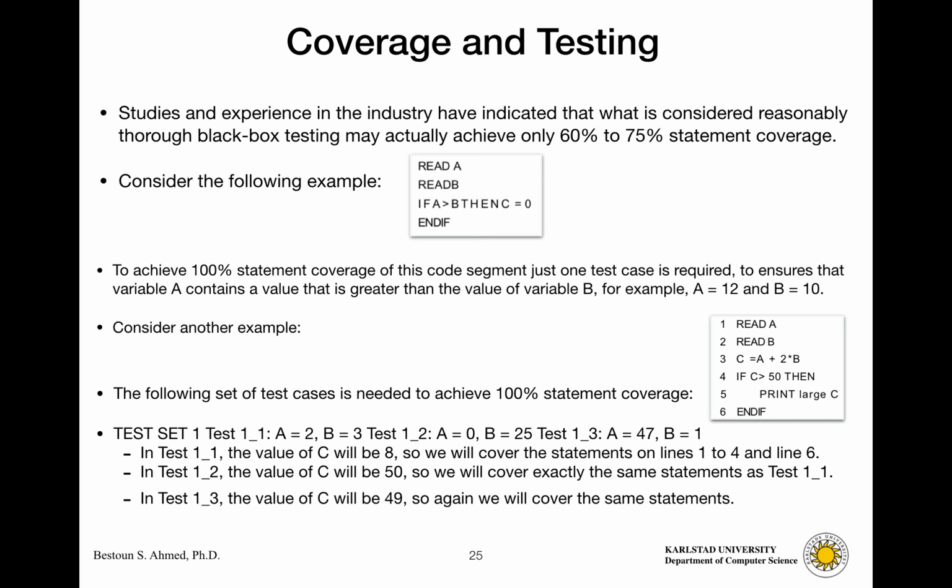But for test case 1_2, the c will be 50. So we will cover exactly the same statements as test number 1. Then we can have some overlap. That is the reality of coding.